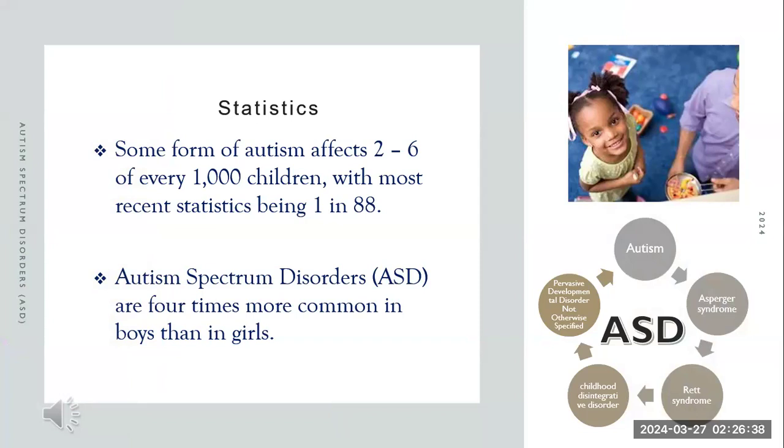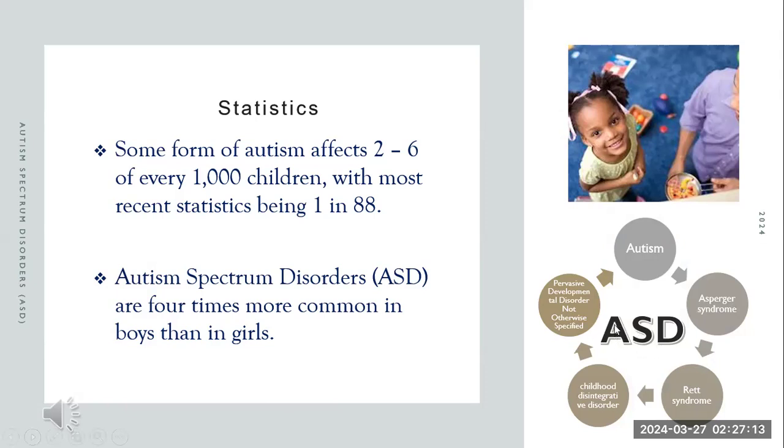For example, some forms of autism affect 2 to 6 in every 1,000 children, with the most recent statistics being 1 in 88, and it really seems to be increasing. Autism spectrum disorders are 4 times more common in boys than in girls. And the research continues to reveal factors that correlate with autism risk, but no final causal pathway has been elucidated.